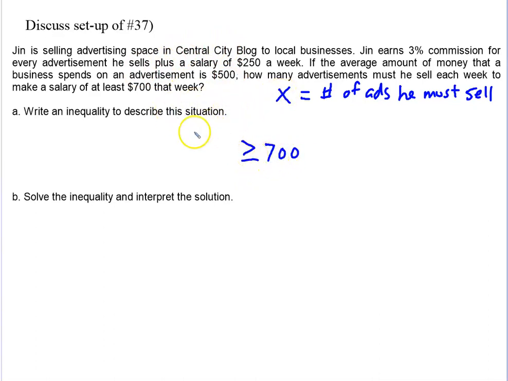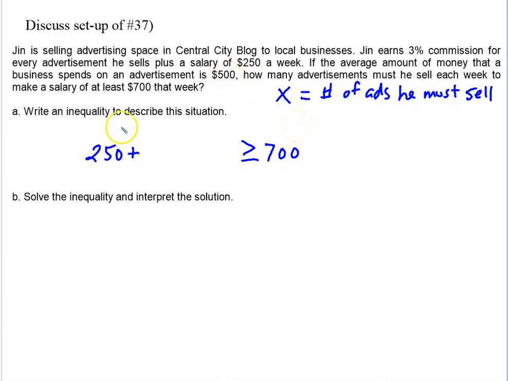So what do we know? Well, we know he's going to get 250 regardless. 250 is like a flat fee. We also know that on top of that, he's going to get 3% for every ad sold. And most businesses, according to our problem, spend $500.